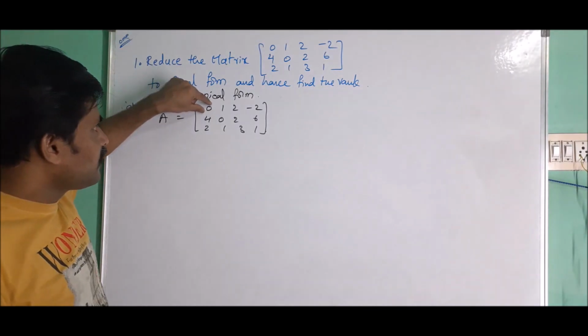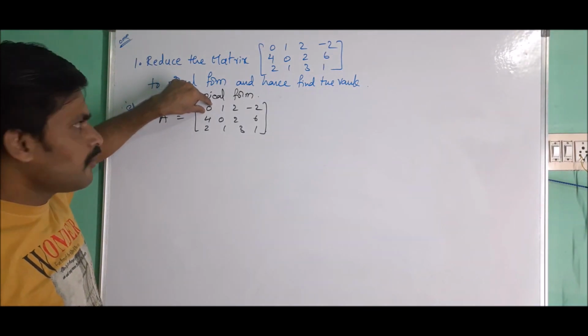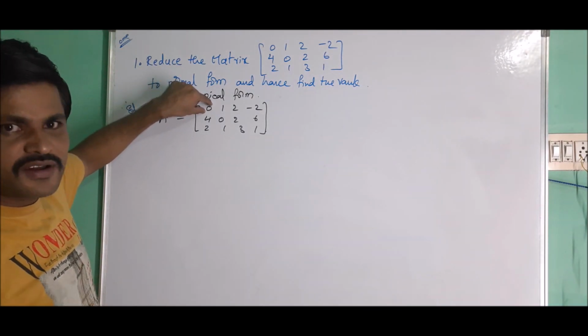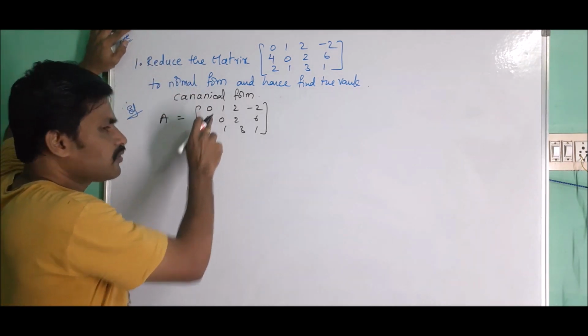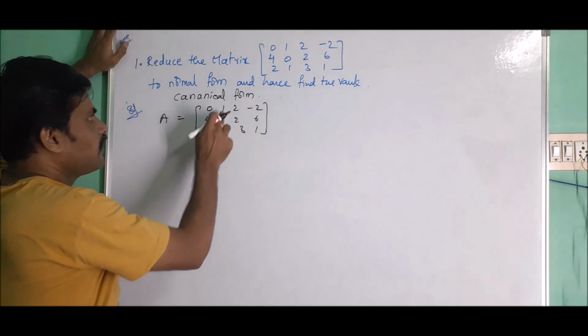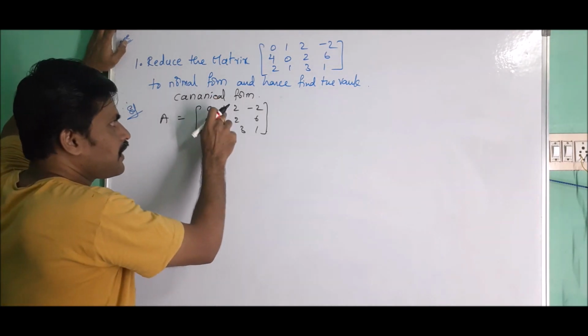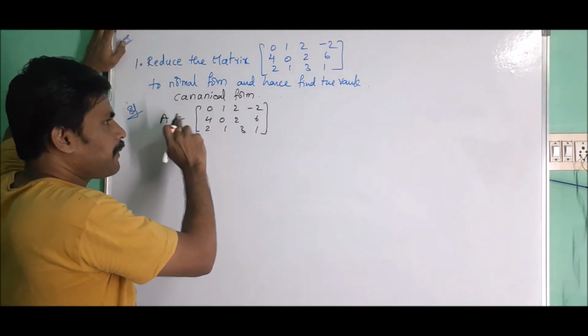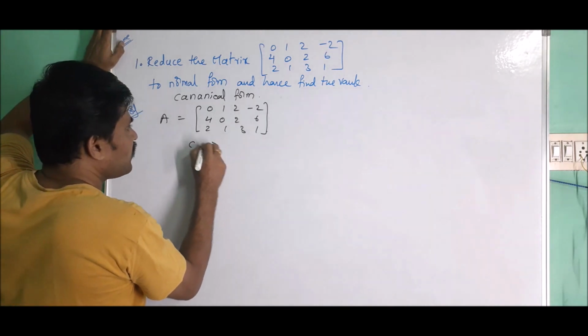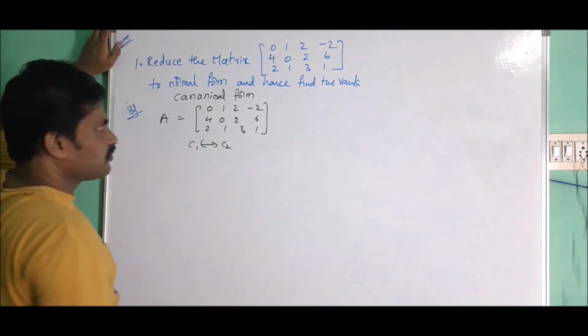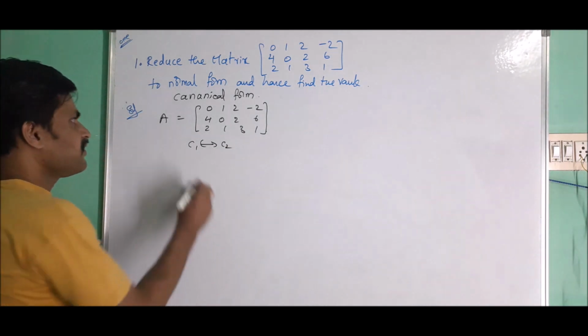Here the first element is 0. Using row or column transformations, it will be reduced to 1. In the second column the first element is 1, so we can apply a column transformation: C1 is interchanged with C2.